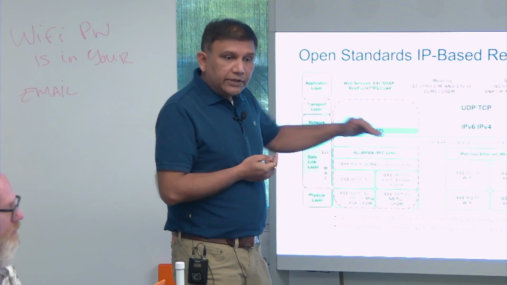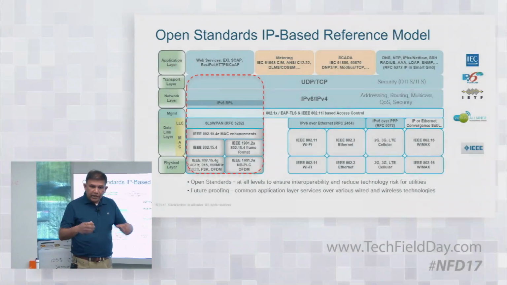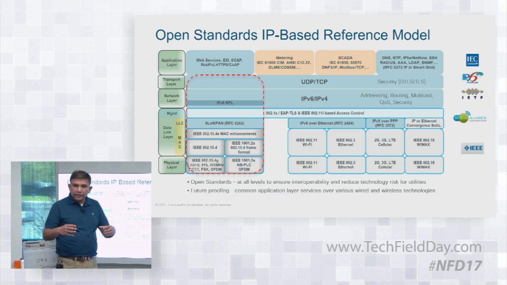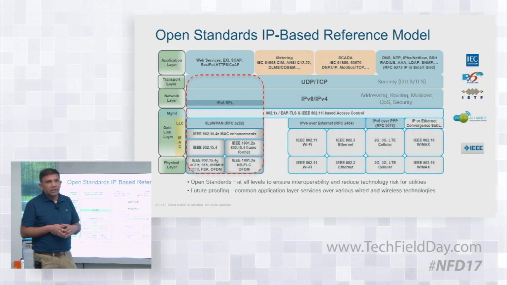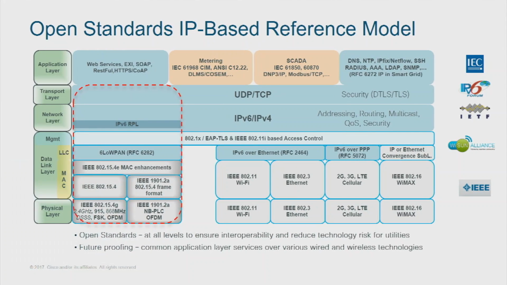So 6LoWPAN, the other important point is that because it's a low-speed network, with your 40-byte IPv6 header, there's header compression specified as part of 6LoWPAN. There's fragmentation and also optimizations related to neighbor discovery. These are some of the areas where Cisco led these standards and got them through the IETF.